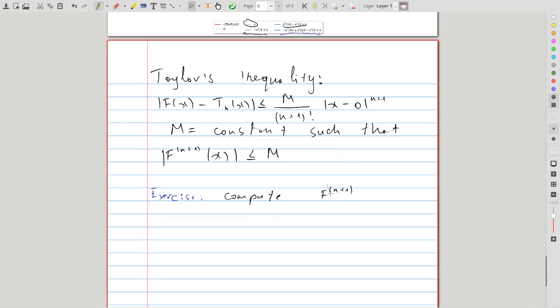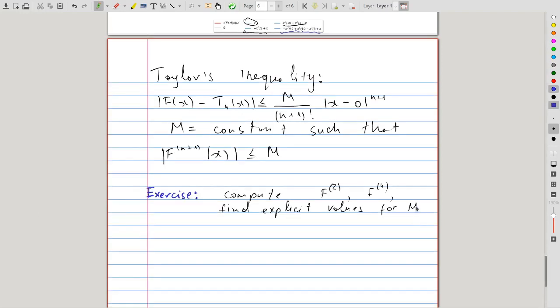So let's say compute f1 and f, let's say, so we'll have to estimate the linear approximation and the cubic approximation. We'll need f2 and f4. So compute these as an exercise and find explicit values for M.